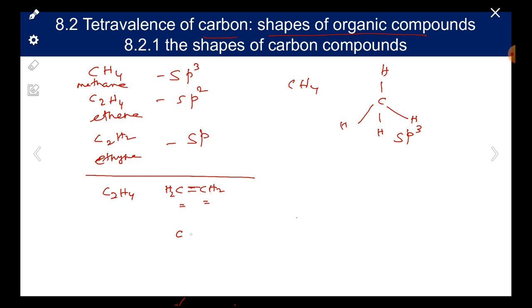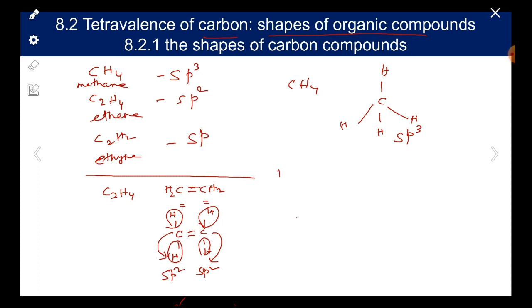For the moment, you simply follow my lead so that you can understand what we are trying to figure out. So like this we can expand the structure. This is called the full structure of a molecule. Here you can see that the carbon is attached to two atoms, and hence it is called sp2 hybridization. This carbon has sp2 hybridization, and this carbon also has sp2 hybridization.